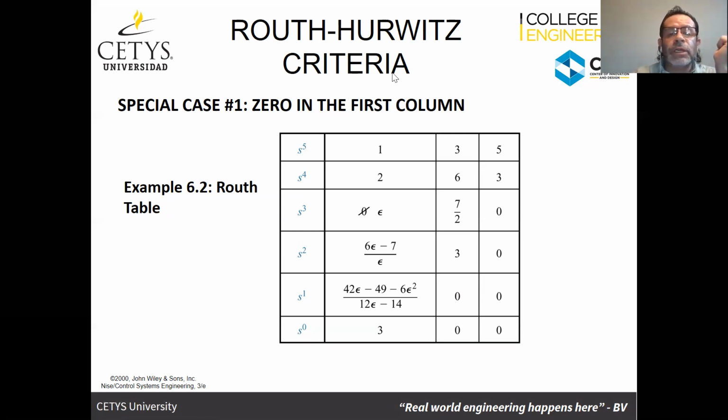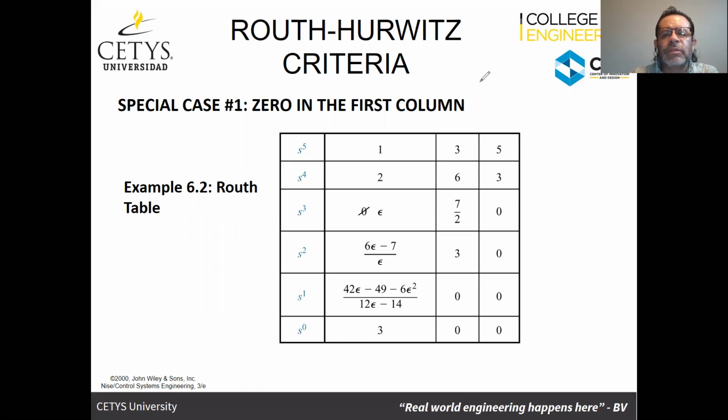And the next thing that we're going to do here is analyze two situations of epsilon. I'm going to write them down here this way. The only thing we're interested in is the sign, by the way. We're only interested in the sign.